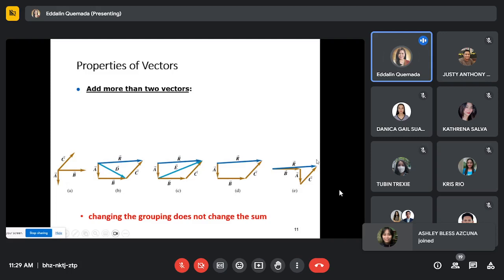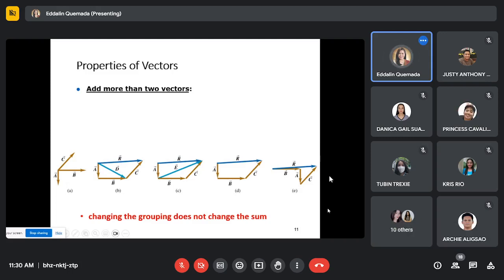Naay kalahian? Wala, ma'am. Okay, pareha ra gihapon ang value sa resultant, right? Either gi-una nato og group ang B ug C before i-add si A, or gigroup nato daan ang A and B before gi-add ang C, or gi-add diretso ang A, B, and C, or B plus A plus C, still the resultant is the same.